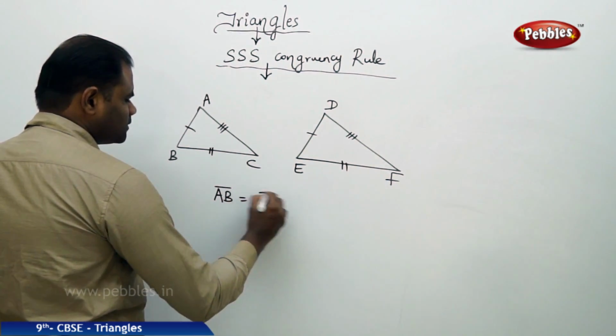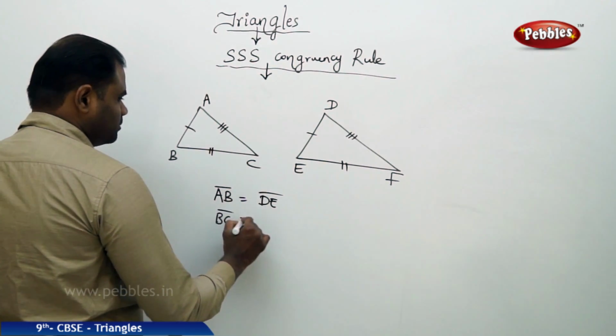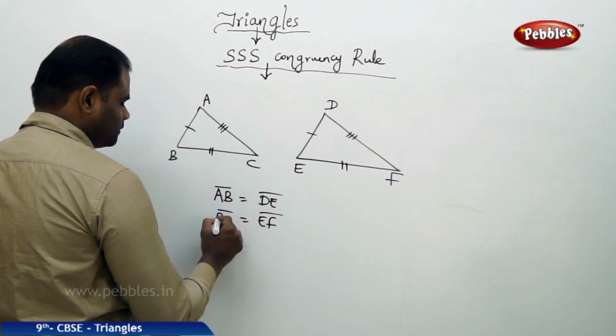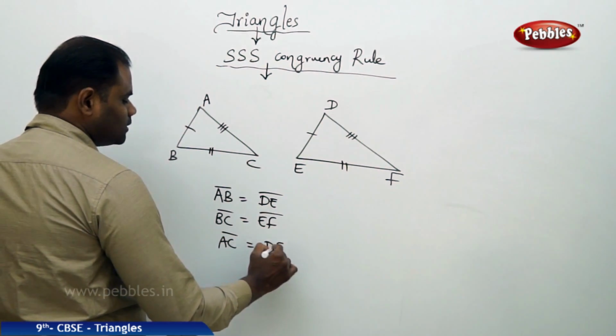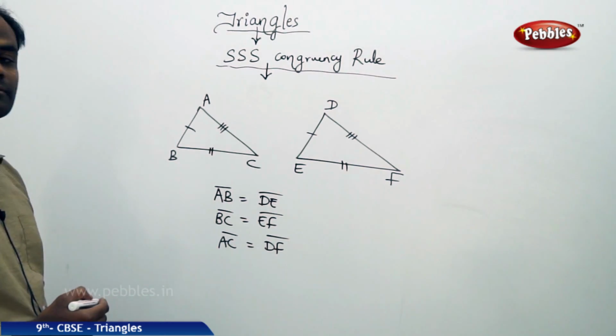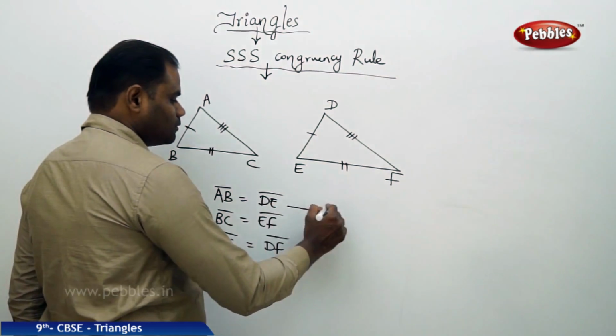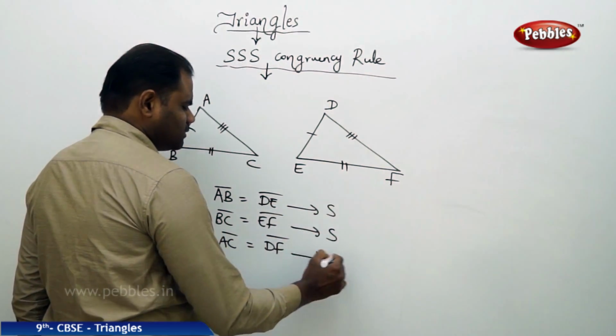AB equals DE, BC equals EF, AC equals DF. The first side, second side, and the third side.